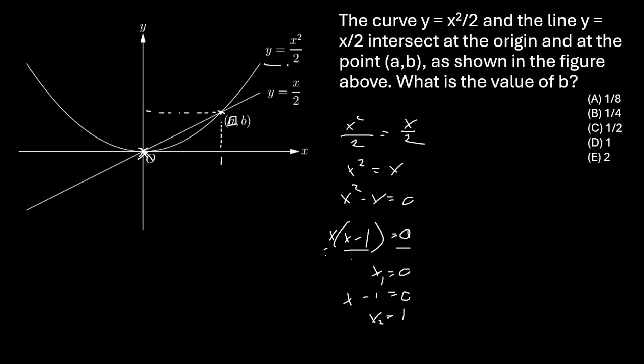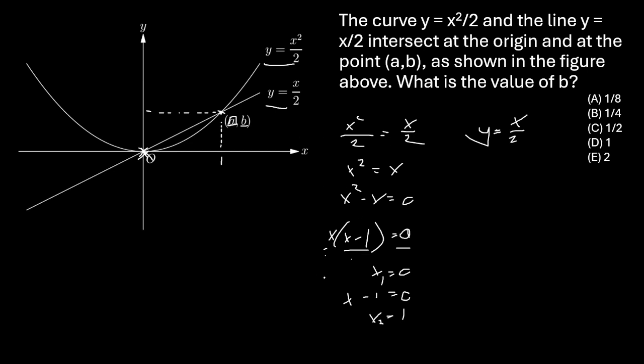We can actually use either of the functions because we will get the same result, but let's just use the second one. So y is equal to x over 2. And y is actually the value of our function, and y is the one we are interested in, the second coordinate, which is labeled as b.